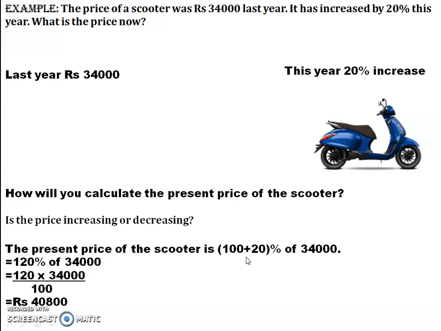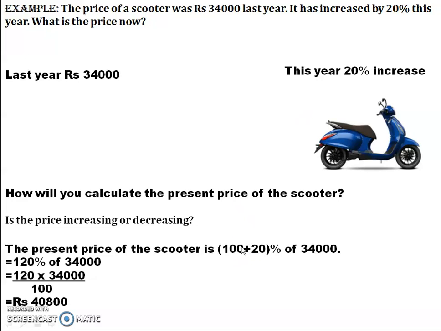Because the percentage is increasing. If it was decreasing, you will do minus here. Here as it is increasing, you do 100 plus 20. If it was decreasing, you will do 100 minus 20.